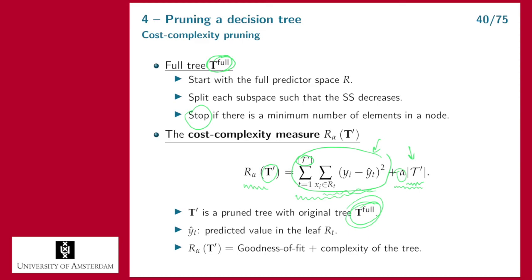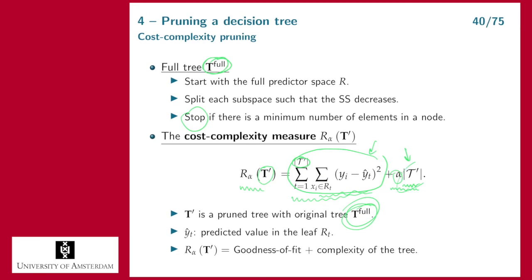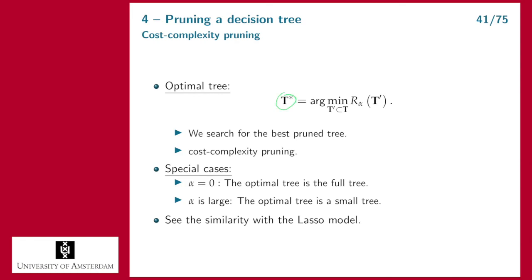Whereas if you prune the tree, you make the tree smaller, so you decrease the second term, but you increase the goodness of fit. Then in order to find an optimal tree T star, we search in all possible pruned trees and we take the tree that has the smallest cost complexity.